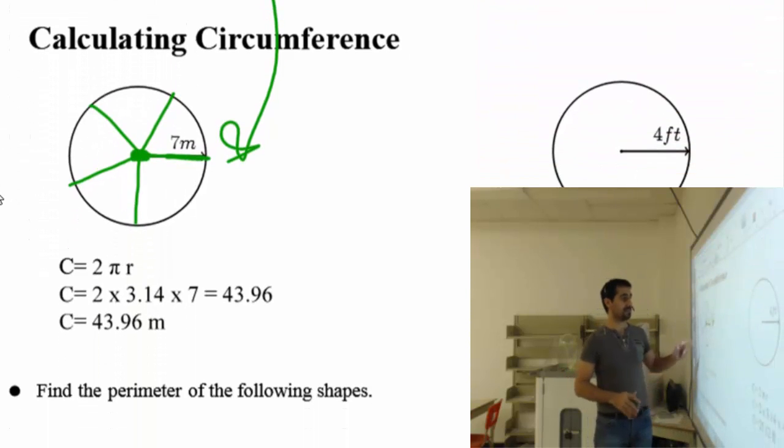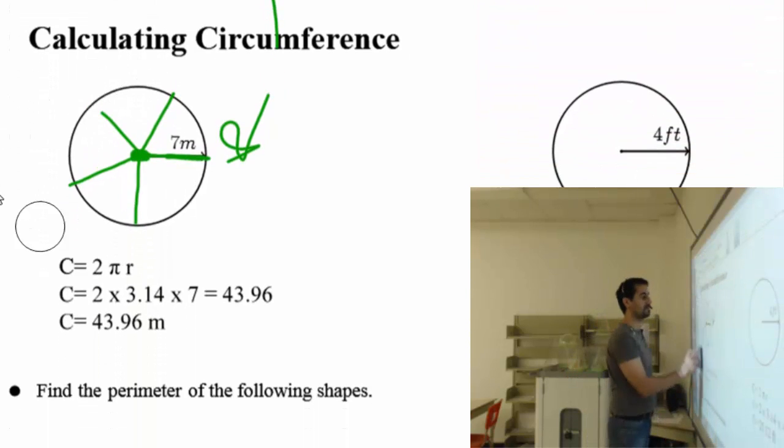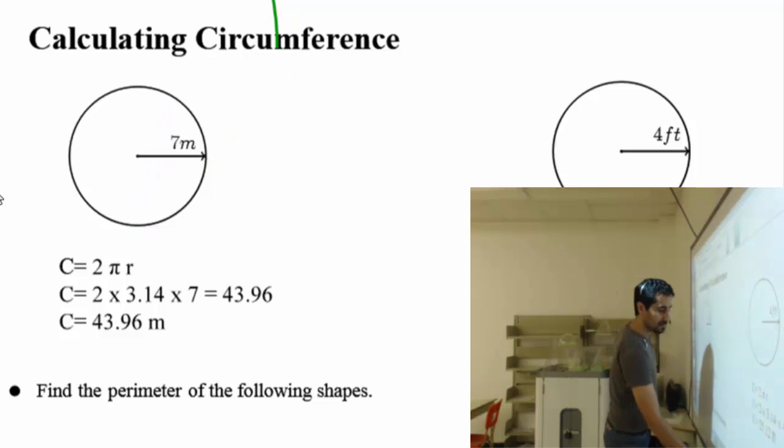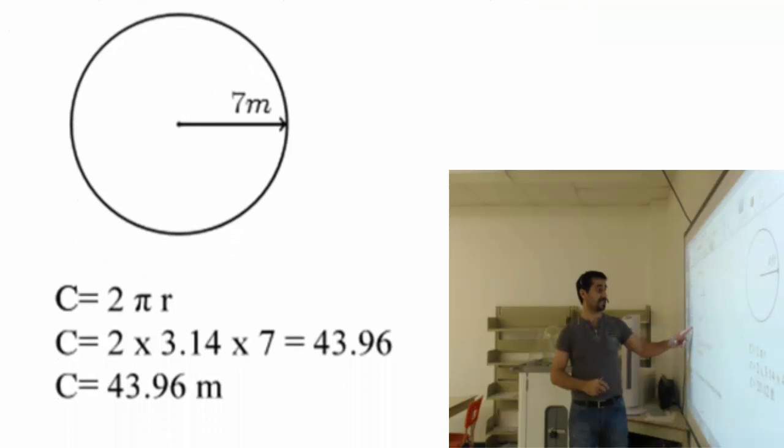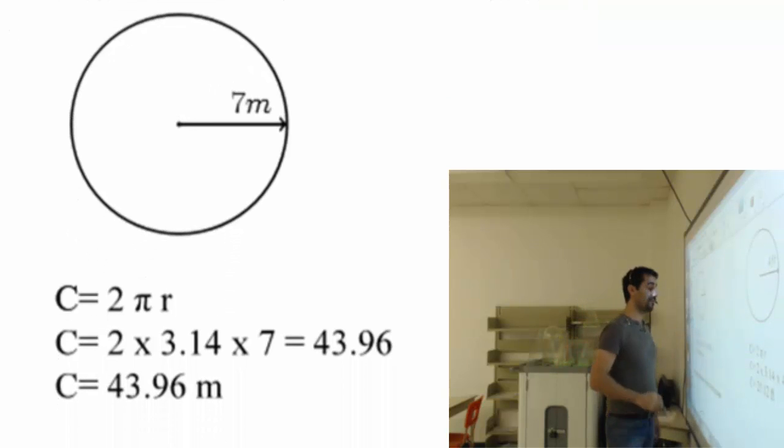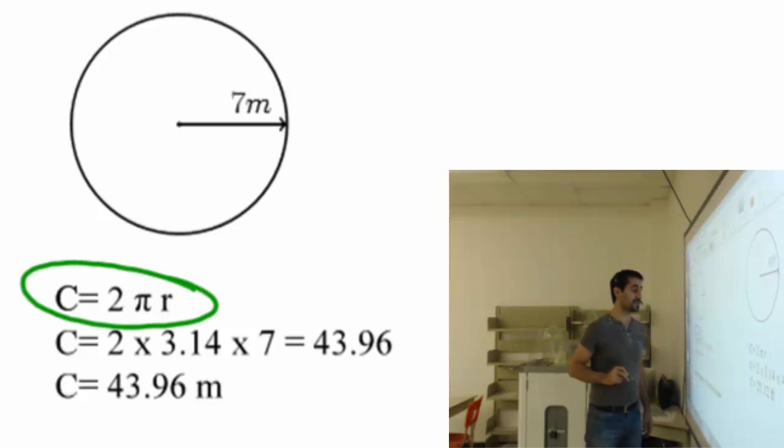So let's make an example. So in this circle, let's write down, you always write down the formula first for the circumference, which is 2 pi r.